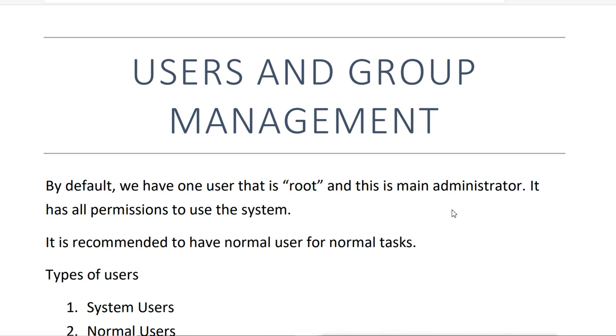When the user wants to use the system, they have to authenticate themselves to the system: I am this user and I want to use this machine, so I have to provide my credentials. The person who wants to use the machine has to provide the authentication information about who is accessing the system.